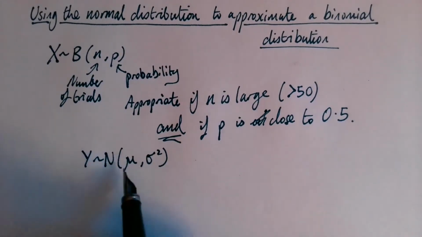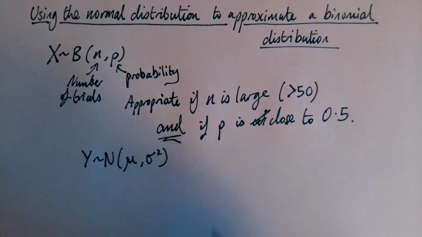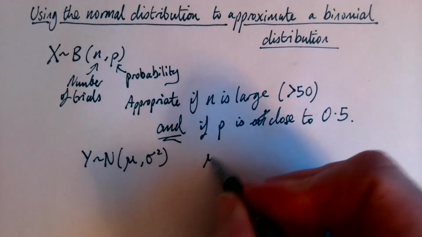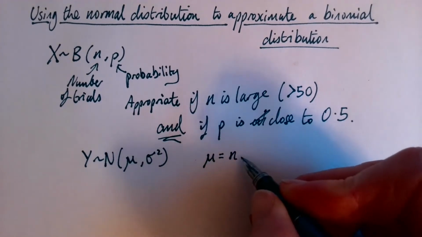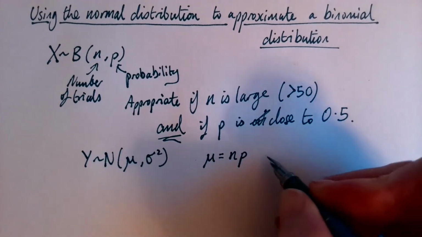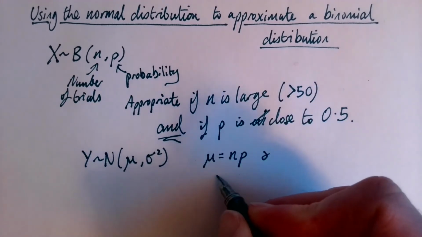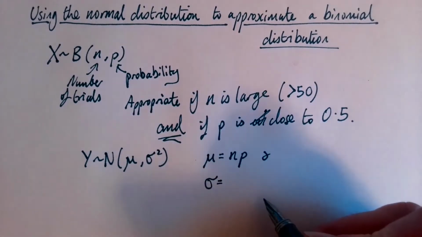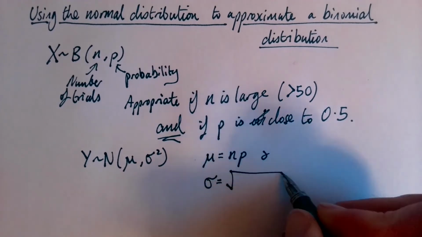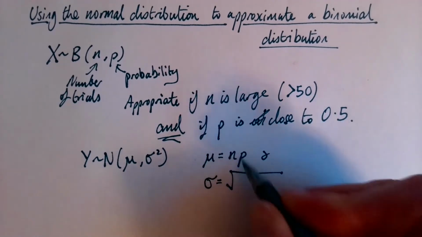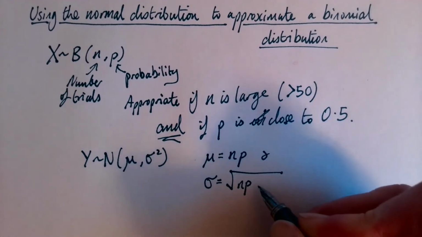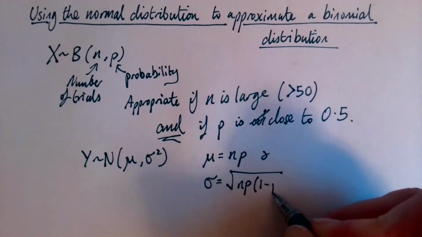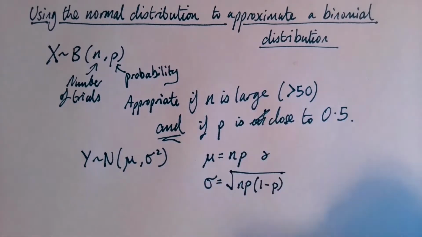So we need to be able to define these from there, and we can do that by saying the mean is going to be equal to the number of trials multiplied by the probability, and the standard deviation is going to be the square root of, now wait for this, n times p, multiplied by 1 minus the probability we're dealing with.